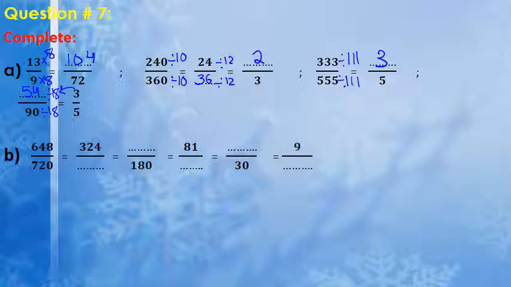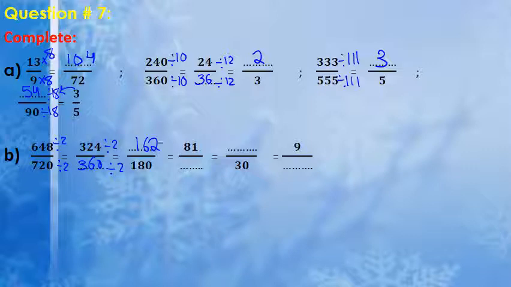Now 648 over 720 equals 324 over how much? Here we divide by 2, so down we divide by 2, it gives us 360. 360 we divided by 2, so up we divide by 2. 324 divided by 2 is 162. 162 becomes 81.